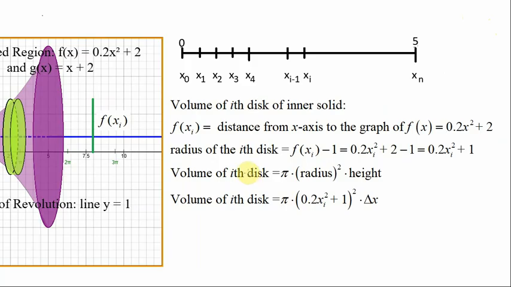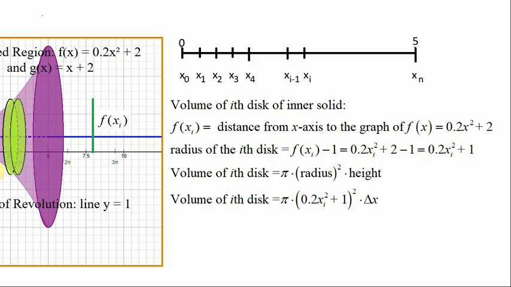And so the radius will be f of x sub i minus 1, but f of x is 0.2x squared plus 2, so we get 0.2 x sub i squared plus 2 minus 1, which is 0.2 x sub i squared plus 1.